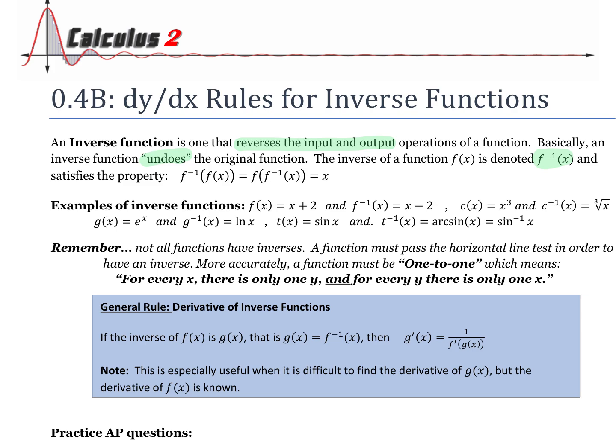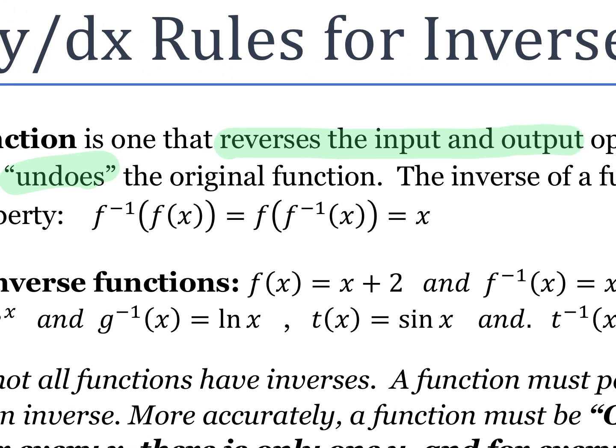And a function has an inverse if it satisfies this for all domain values. When you take the original function and put it inside the inverse, you compose it, that is going to equal x. And when you compose the inverse, when you put the inverse inside of the original function, you also get x.